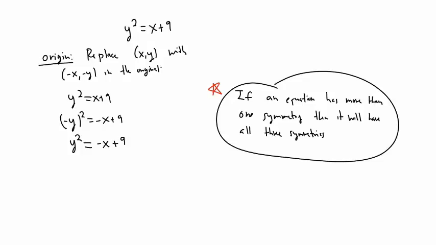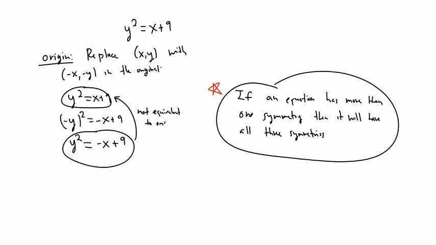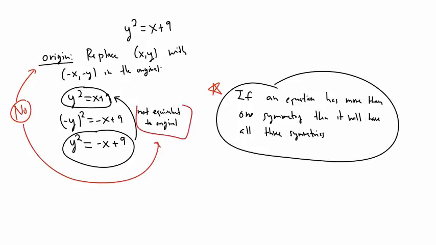The same equation as in this check for symmetry about the y-axis. So there's the direct proof that this does not have symmetry about the origin. But we could have used this fact over here.